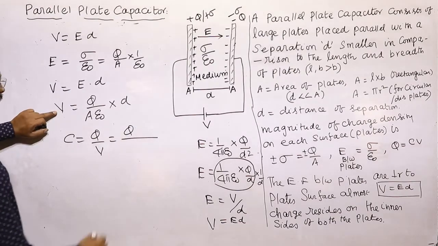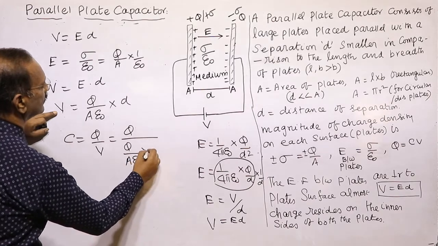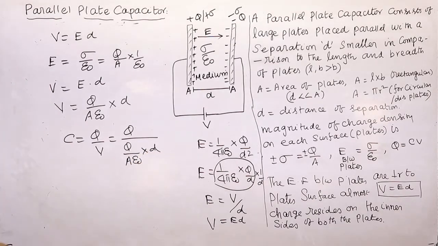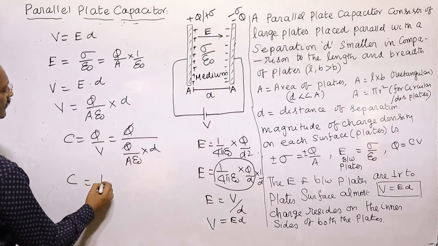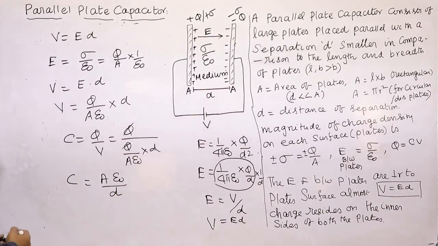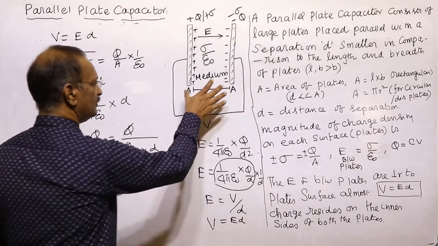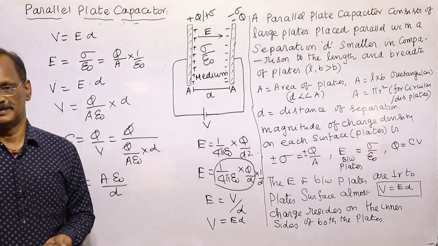Voltage is Q d by A epsilon naught, so the Q and Q get cancelled. The capacitance is equal to A epsilon naught divided by d, where d stands for the distance of separation between the two plates, and epsilon naught is the absolute permittivity of free space.